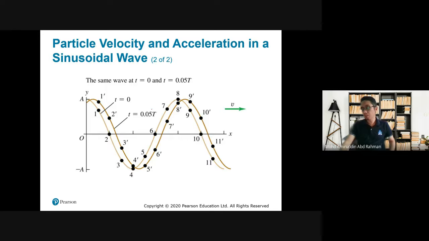Over here we still have a similar wave, because they have the same period and also the same wavelength. As you can see, from there to there it is the same distance, so lambda 1 and lambda 2 are similar. Both of them are similar, so we call that a similar wave.